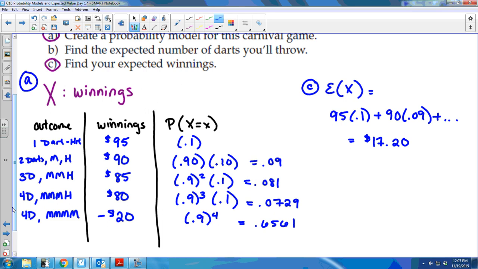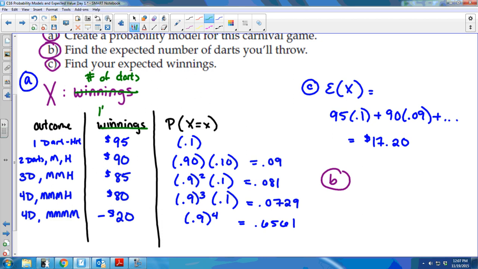Okay. So, questions about how I found that expected value or how I created that model. Now, on part B, it says find the expected number of darts you'll throw. So in that case, your random variable is number of darts.